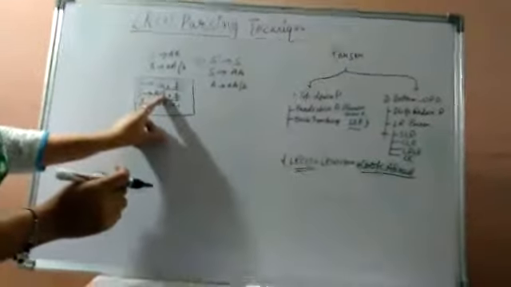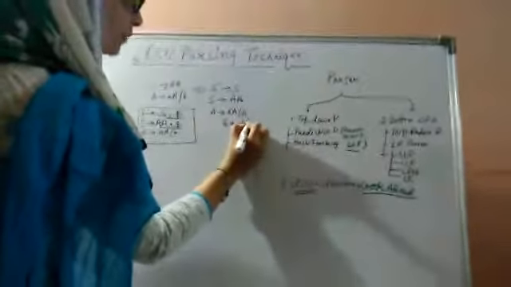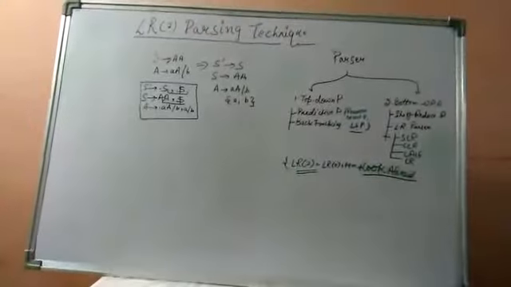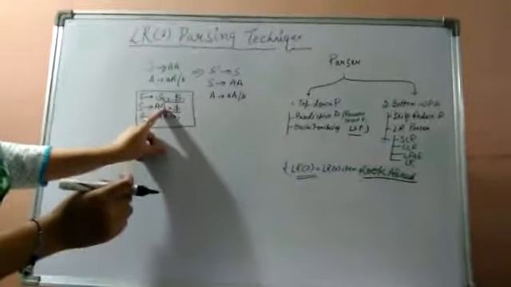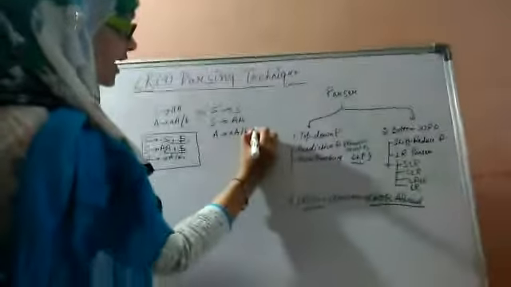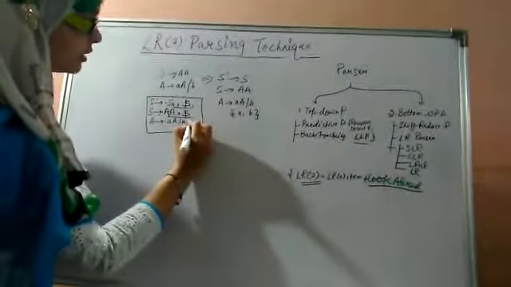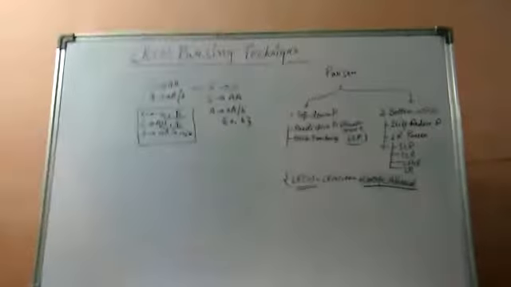So this A has come first after this A. Let's check the first of A. First of A is A and B. So we can simply write here the lookahead symbol as A/B.